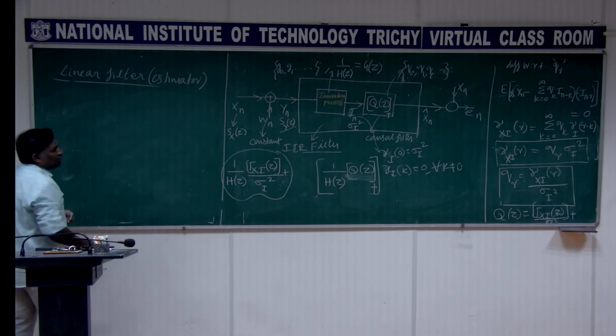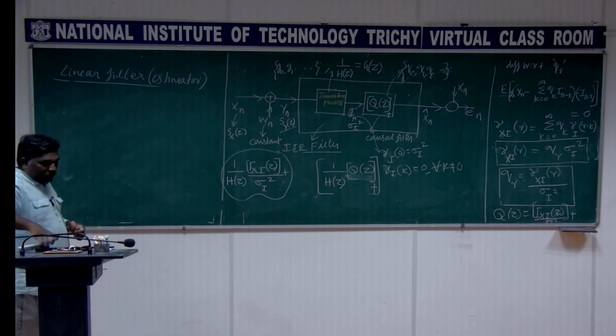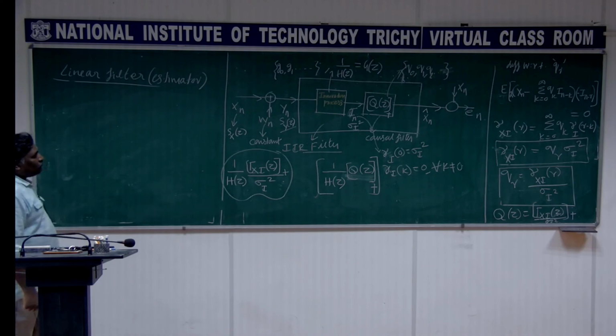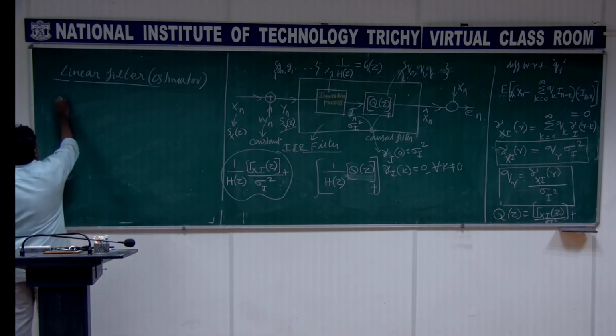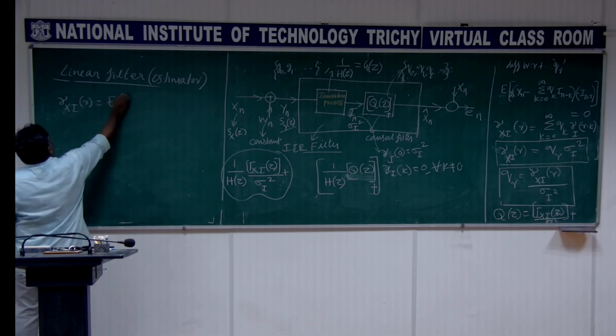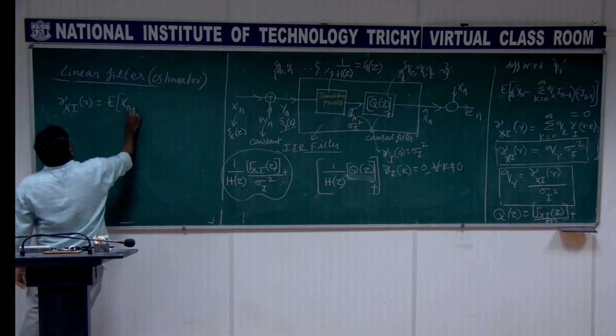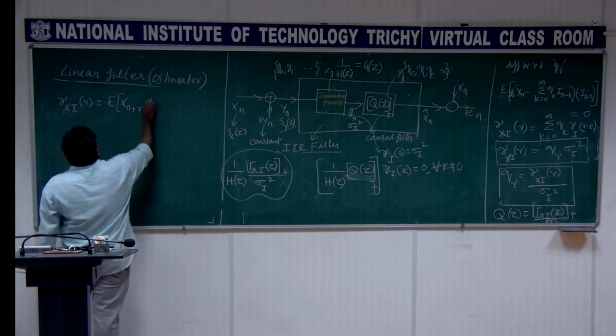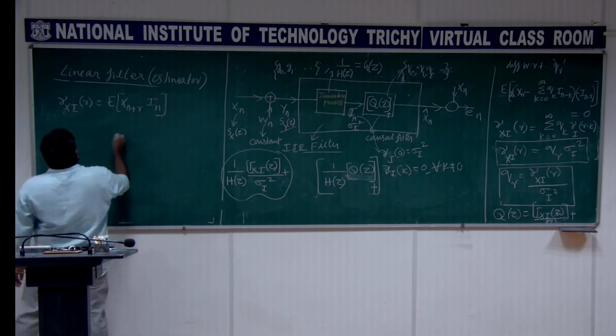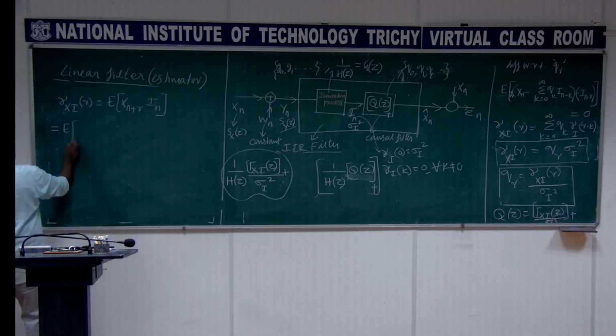First we will write the result. Gamma xi of r is simply the expectation of xn plus r into in.